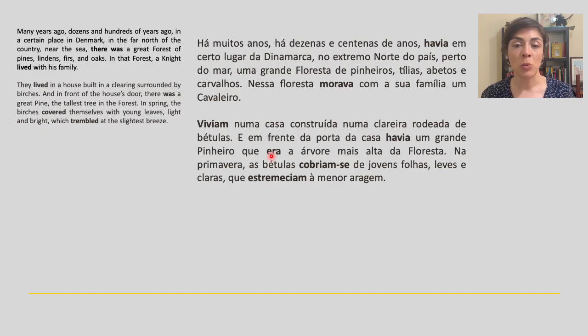In English, we are not really saying that in the front of the house's door there was a big pine tree that was the tallest tree in all the forest. No, we just mention the tallest tree. We are omitting the verb. So this is one example.